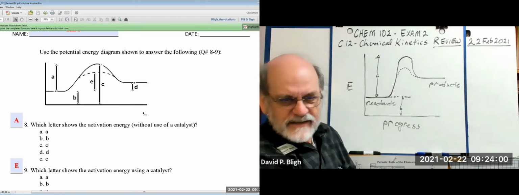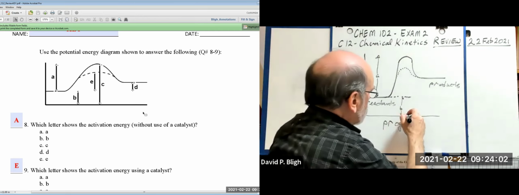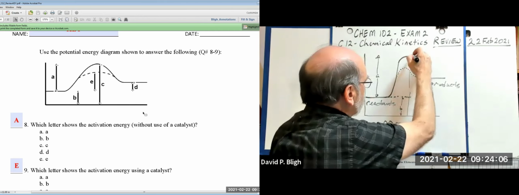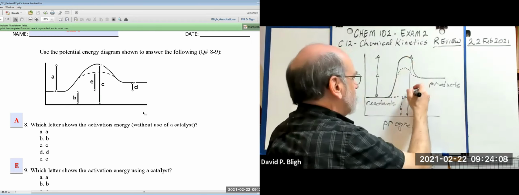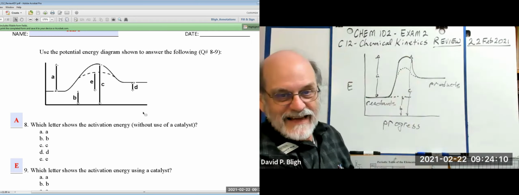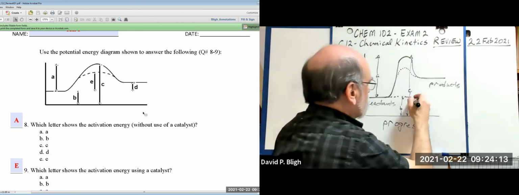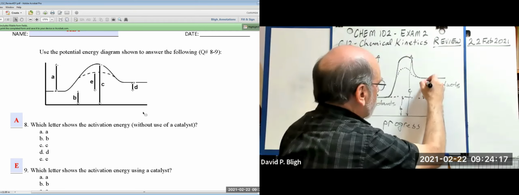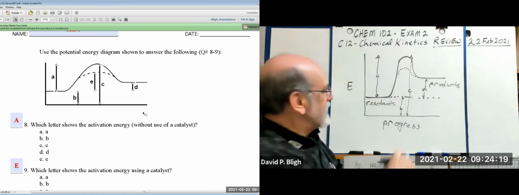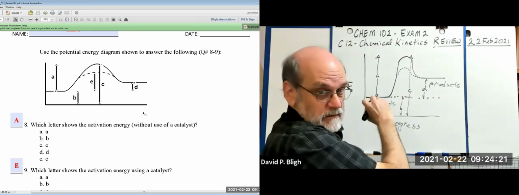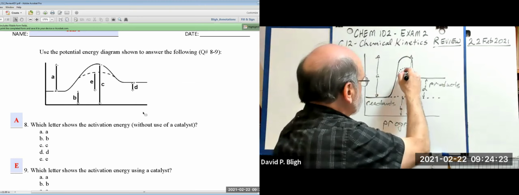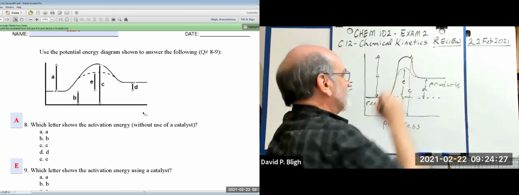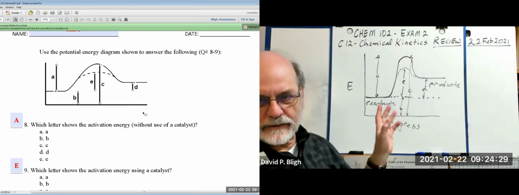C is from here all the way to the top. D is between here and here. And E is between here and here. Okay, I think I got all my letters in there.